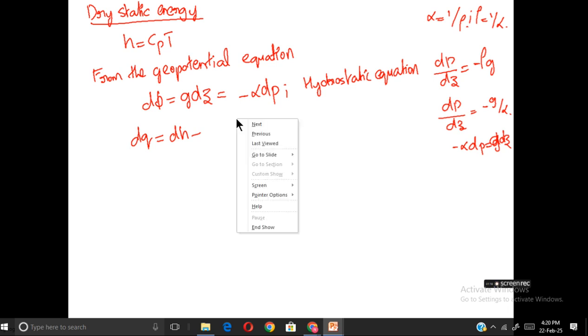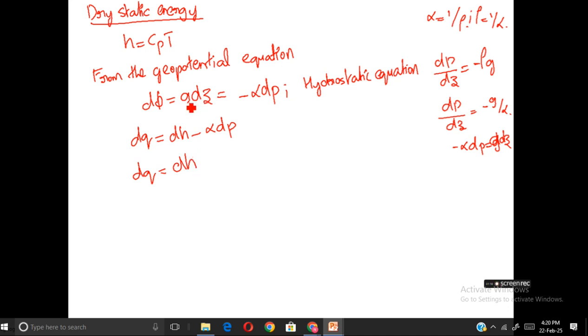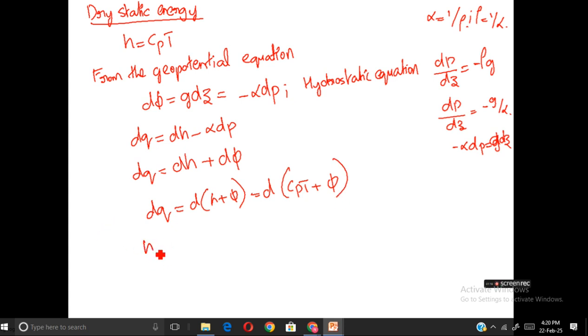The first law of thermodynamics in terms of enthalpy is dq equals dh minus alpha dp. So dq can be written as d of (h plus phi), which is equal to Cp dT plus d phi.